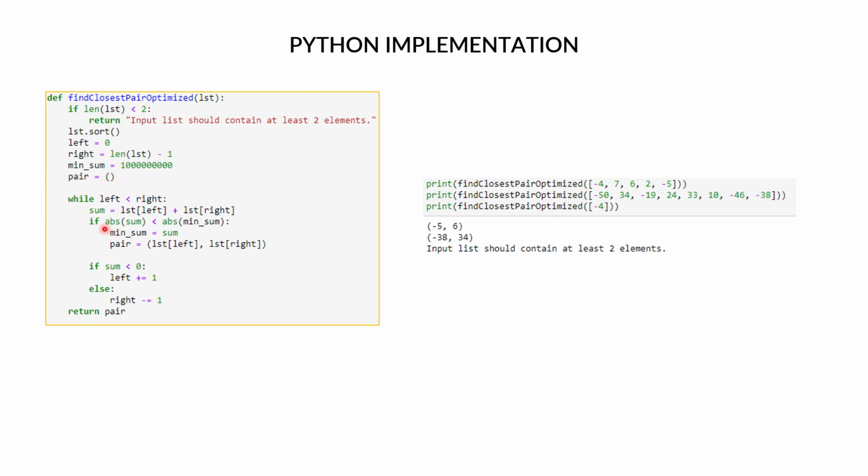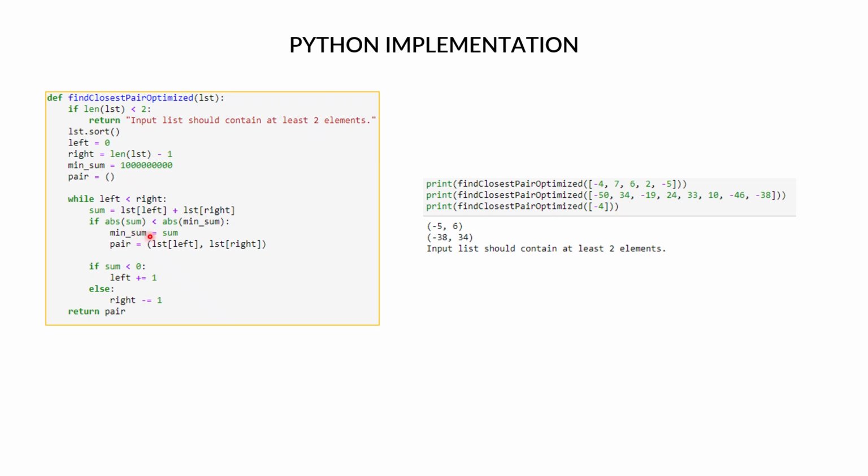While the left is less than right, we assign sum equal to the left element plus the right element. Now, we check if the absolute sum, which is calculated above, is less than the absolute minimum sum, which will always be the case when the loop runs for the first time, and hence the min sum will be assigned the sum calculated in the first step.